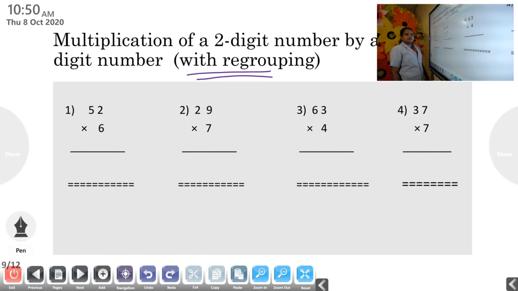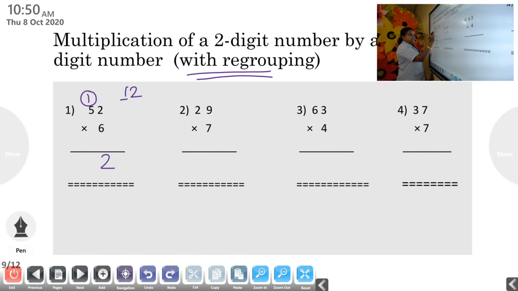What is 2 6 are? 2 into 6 is 12. Write 2 in the ones column. Then 1 is carry over to the tens place.